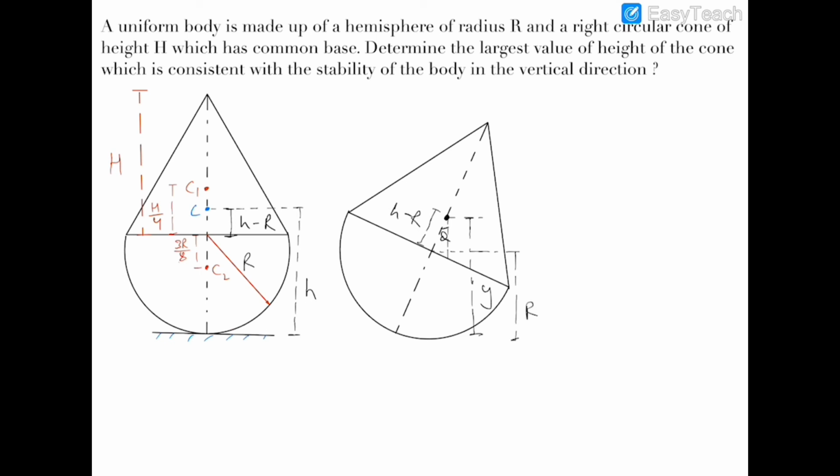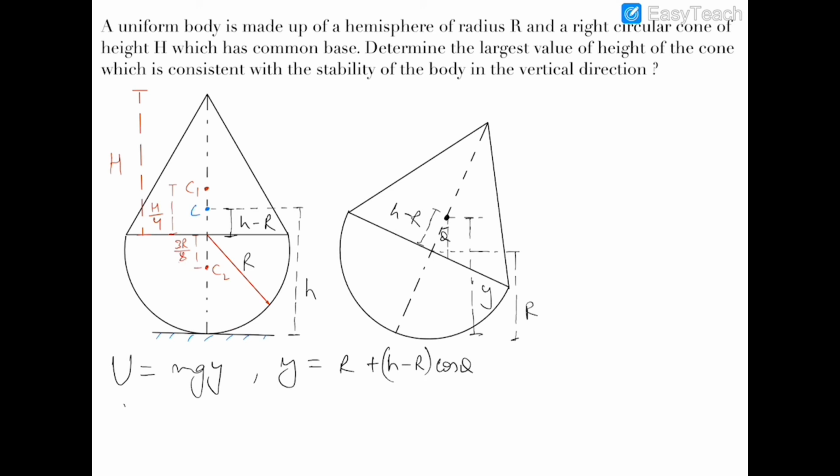So I can write the potential energy of the system in the tilted position U as mgy, where y is equal to r plus h minus r cos theta.